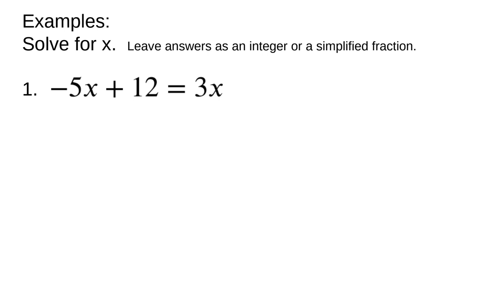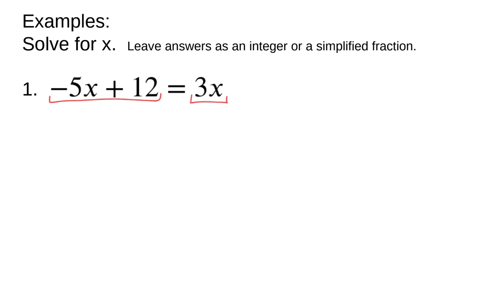Let's take a look at example 1. On one side of the equation, we have negative 5x plus 12, and on the other side, I have 3x. So first things first, I'm looking to see, are there any like terms that are on the same side that we could put together?